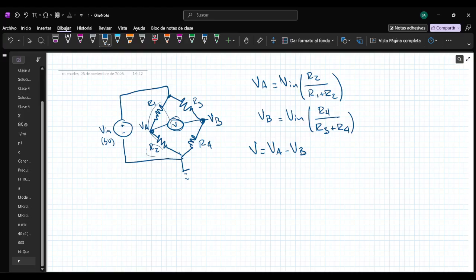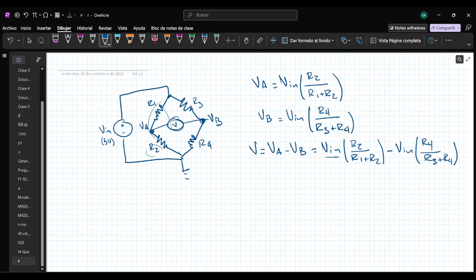Okay, perfect. So we know that that's equal to the input voltage times R2 over R1 plus R2, minus the voltage in B, which is the input voltage times R4 over R3 plus R4.